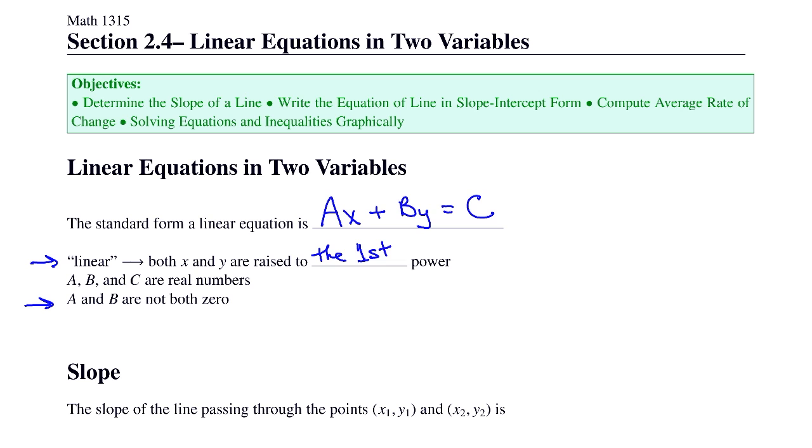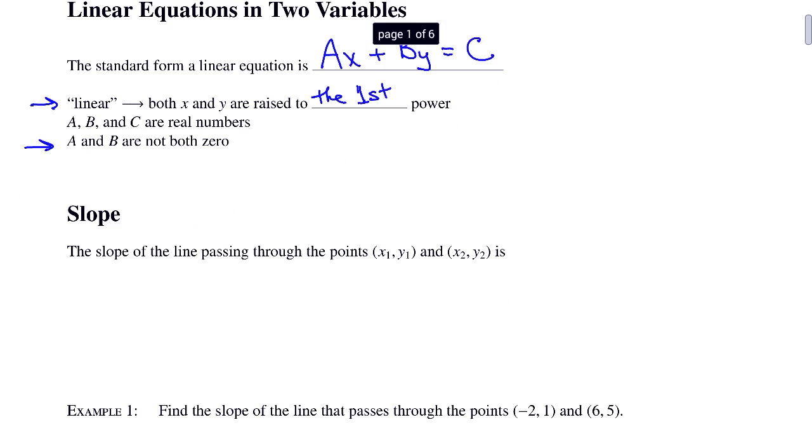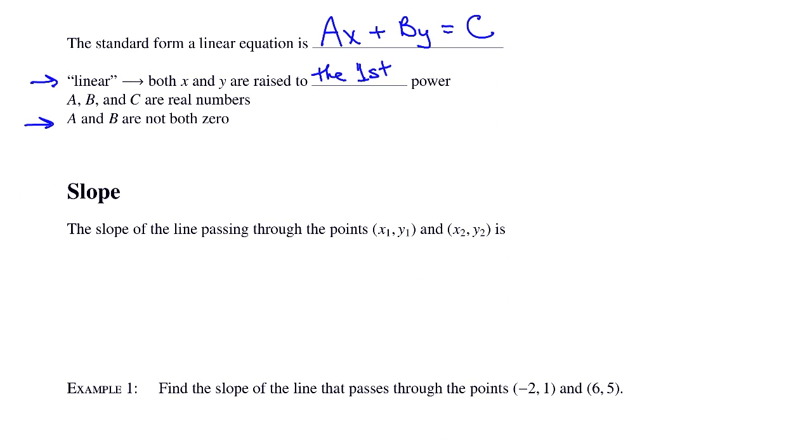One of the central topics to study when looking at linear equations is slope. The slope of the line passing through the points (x1, y1) and (x2, y2) is m equals y2 minus y1 over x2 minus x1.